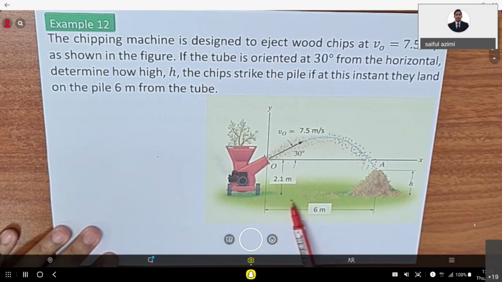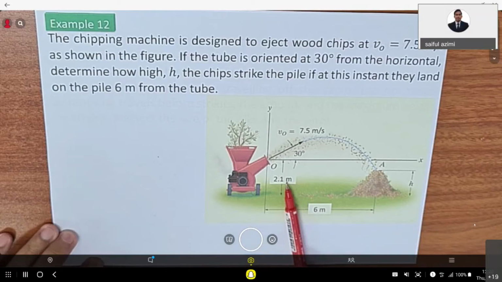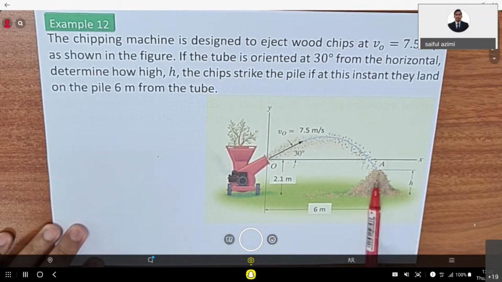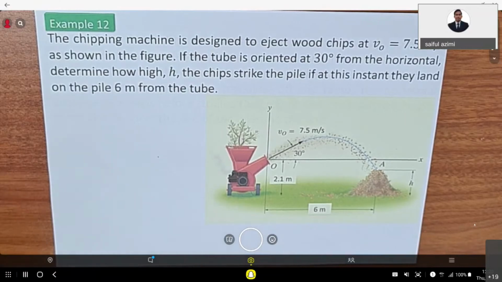And the vertical distance from the tube to the ground is 2.1 meters. They ask you to find the height of the chip at this time. So how can you find it?